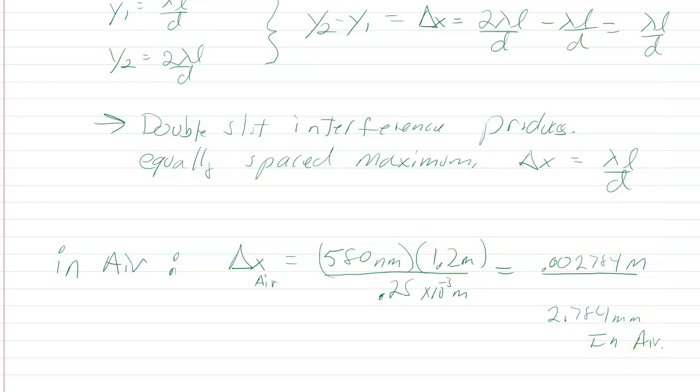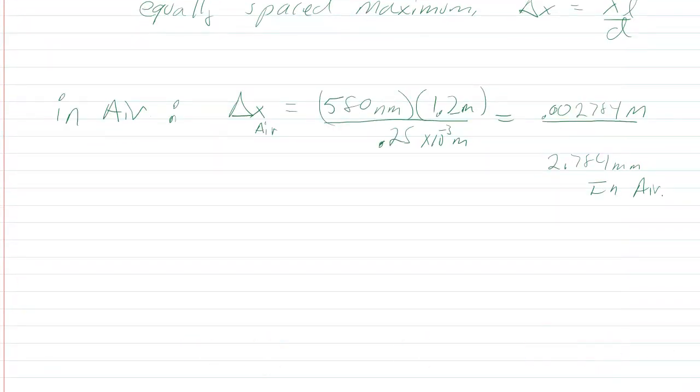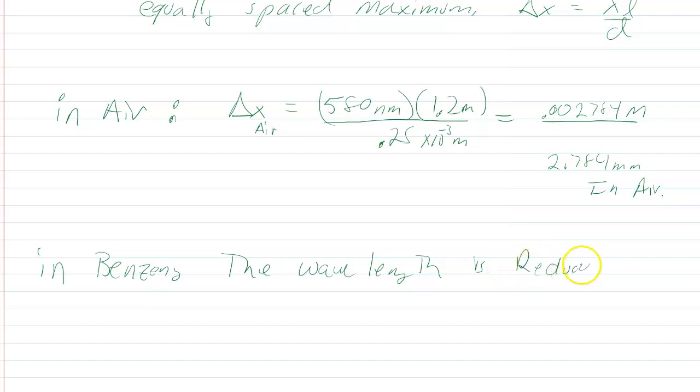All right, now what we want to do is do it in benzene, and in the benzene, the wavelength changes. The wavelength is reduced. So lambda in the benzene is going to be lambda in the air divided by the index of refraction of benzene, 580 nanometers divided by 1.5.